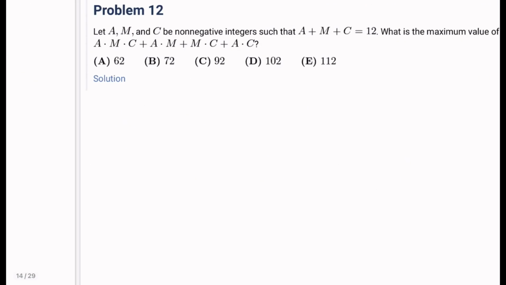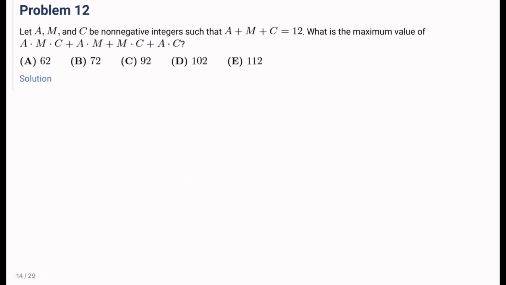It's E. Number 12. Let a, m, and c be non-negative integers such that a plus m plus c equals 12. What is the maximum value of a times m times c plus a times m plus m times c plus a times c? Okay, since the sum is constant and we want the maximum value of these, then for us to get the maximum value, a, m, and c have to be equal.